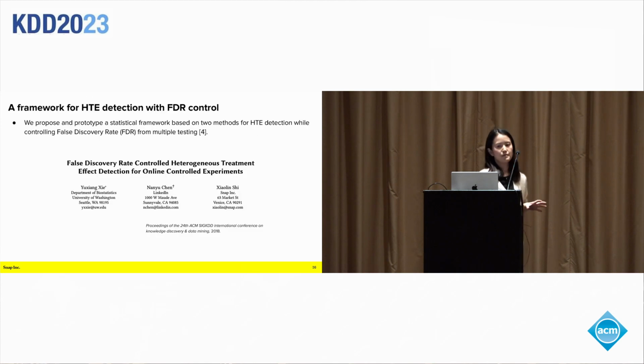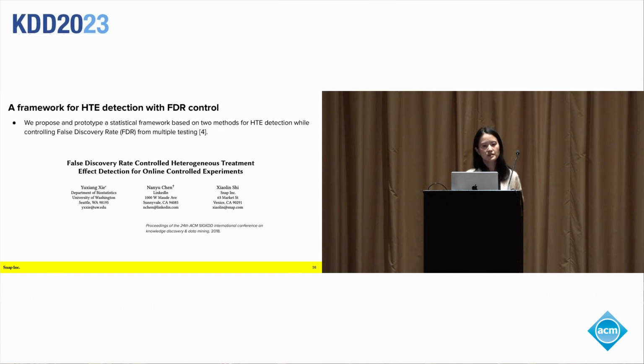This multiple testing problem is also prevalent in HTE, because when we do breakdowns, there are many possible ways to do it, and after you test maybe 100 subgroups, you are probably always able to find some subgroups showing significance.